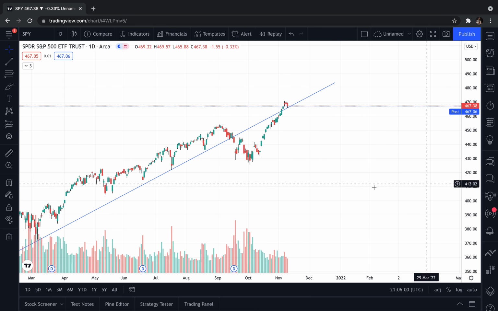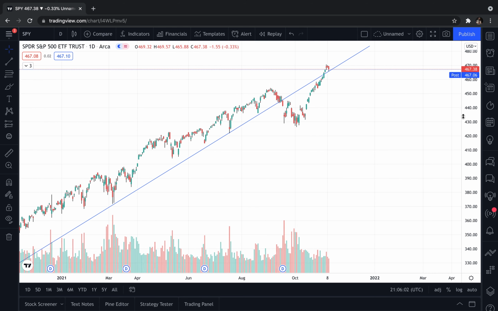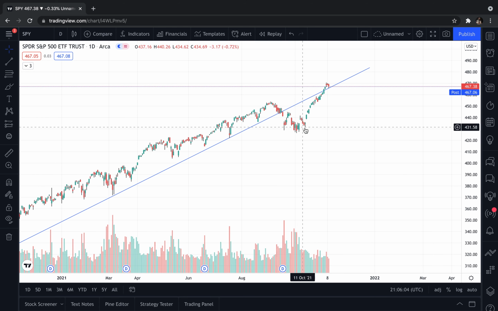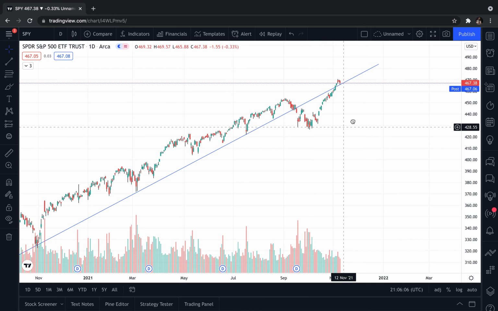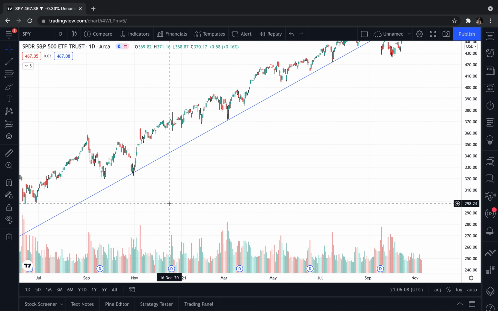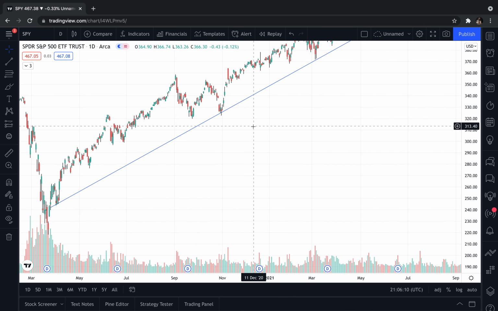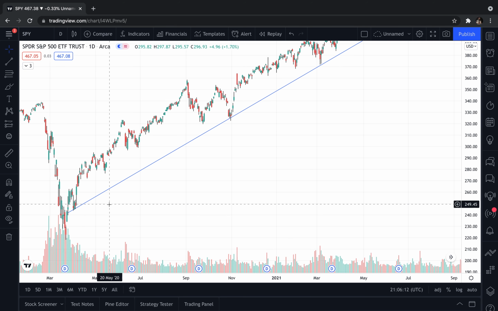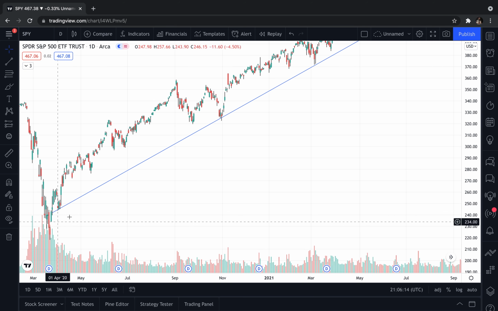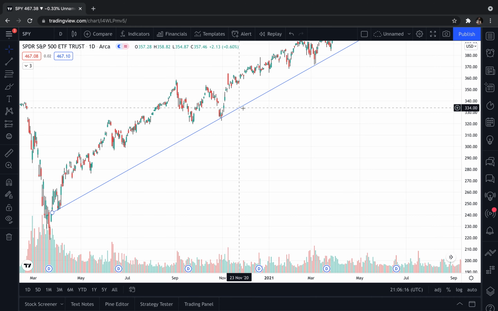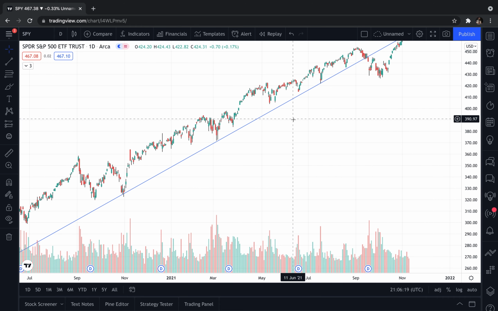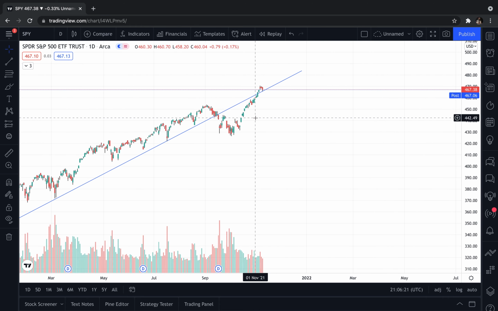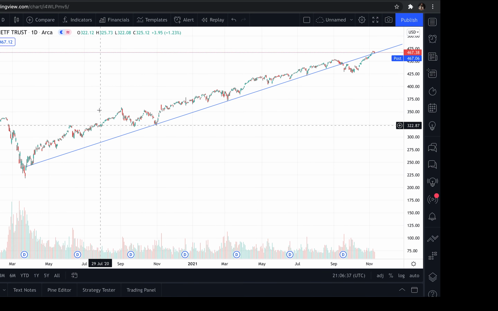Now, you might be saying, well, we broke this trend line, so why are you still drawing it? I'm still drawing it because in the past it's proven to be a pivotal point or a pivotal trend line. It's proven to me that it's a trend line where buyers see interest every time we dip. That's exactly what I mean. You still have to look at the bigger picture.